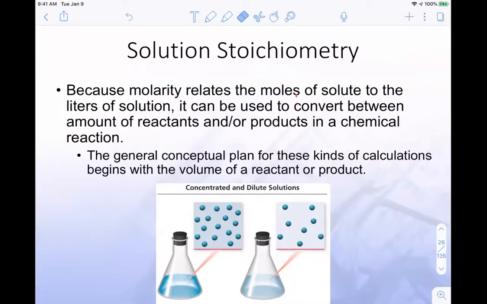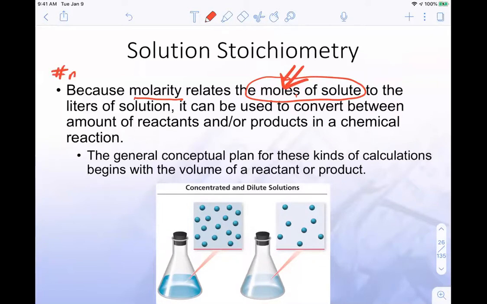Okay, we know that molarity relates the moles of the solute to the liters of solution. And I can use this molarity to convert between the amounts of reactants and/or products in a chemical reaction because it gives me moles of substances.